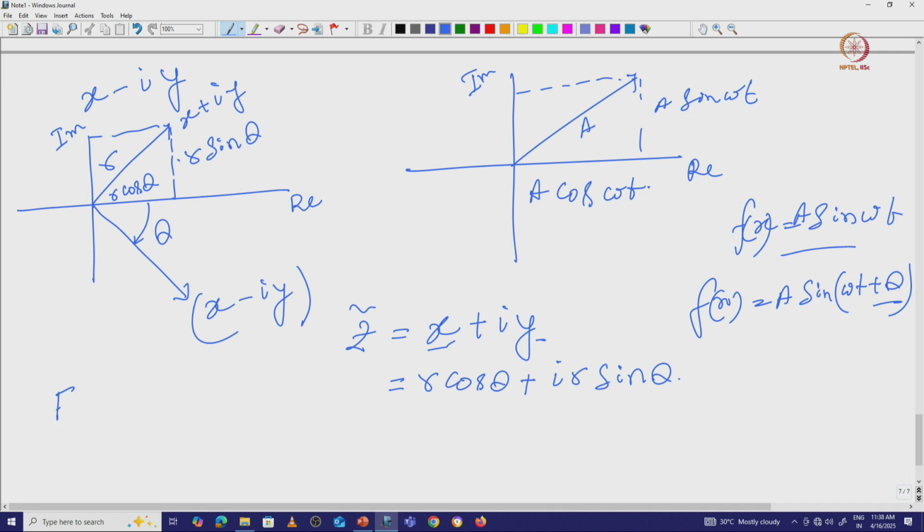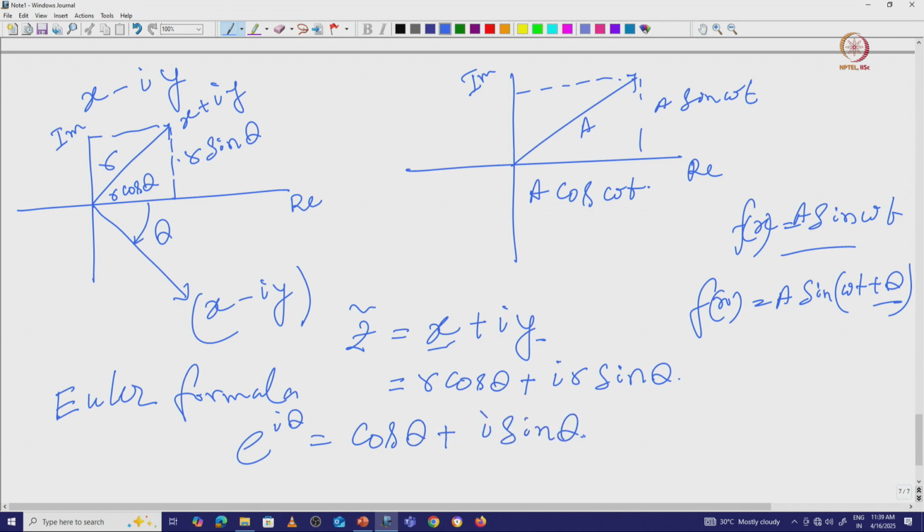Now, from the Euler formula, remember that we are not going for the derivation of how we can prove the Euler formula, because that is not the goal of this course. So, from the Euler formula, e to the power I theta equals cos theta plus I sin theta.